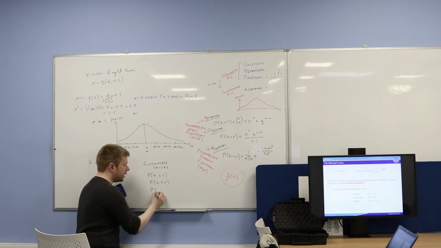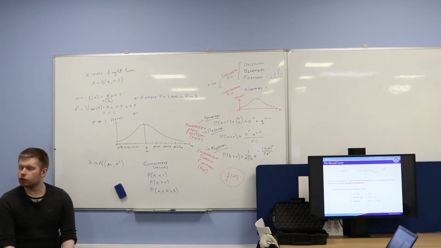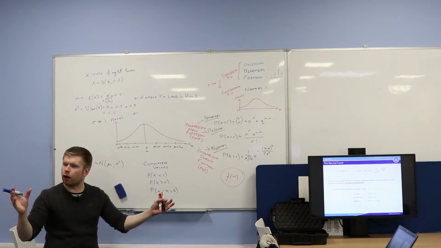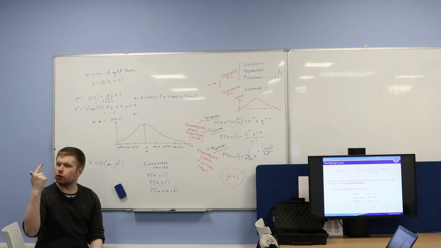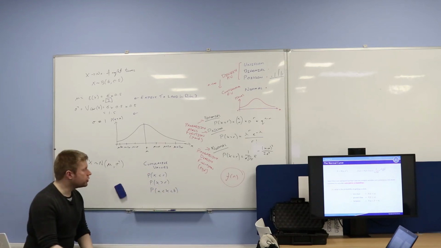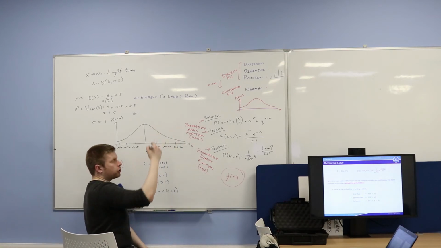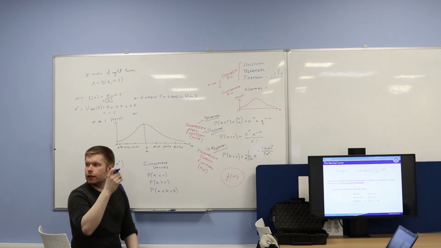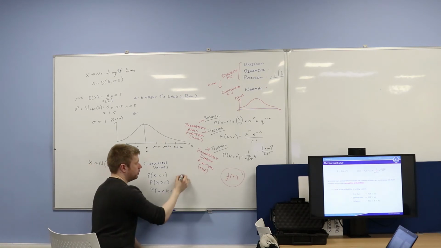Or what's the probability that x is between 2 values? Does that make sense? So I'm more likely to look at cumulative values, so successive values one after the other, rather than just dealing with a single value. Now clearly if I'm dealing with cumulative values, I'm not going to use a probability density function or a probability mass function anymore. I'm going to use the cumulative distribution function. We've met this before.